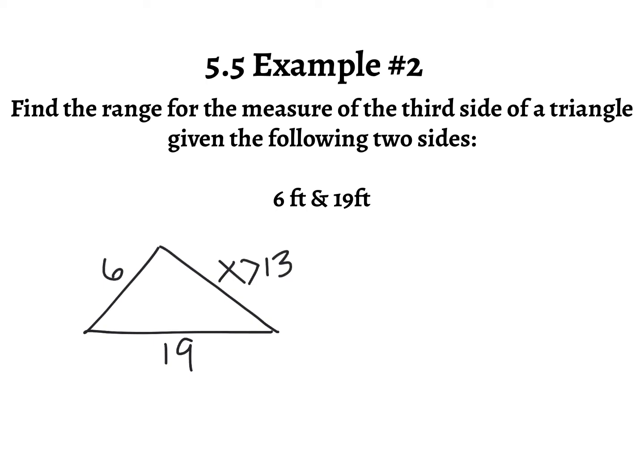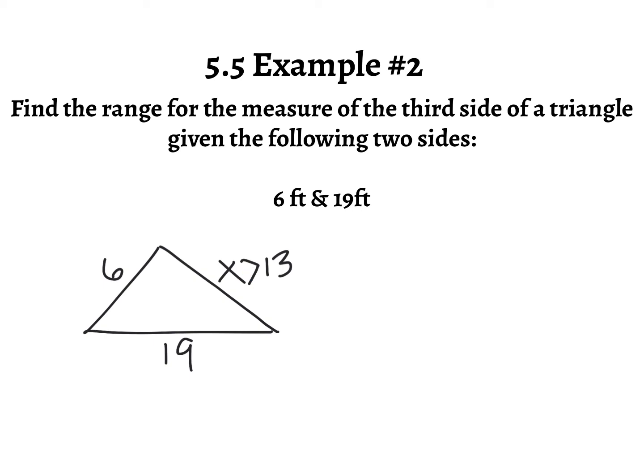So 13.1, 13.5, 14, it could be whole numbers or decimals, right? If I'm adding 6 plus 14, 15, 16, 17, it'll always be bigger than 19. Now, there is a problem here because I can't just choose any number bigger than 13 for this to work.